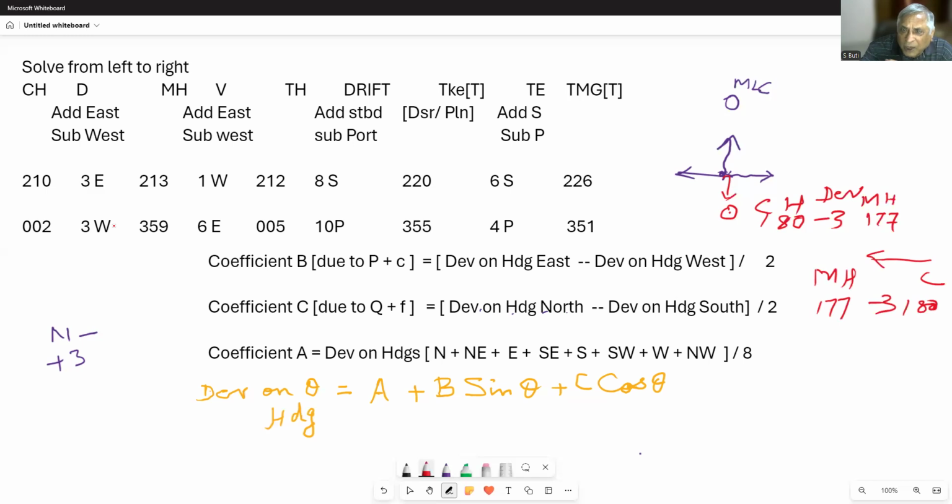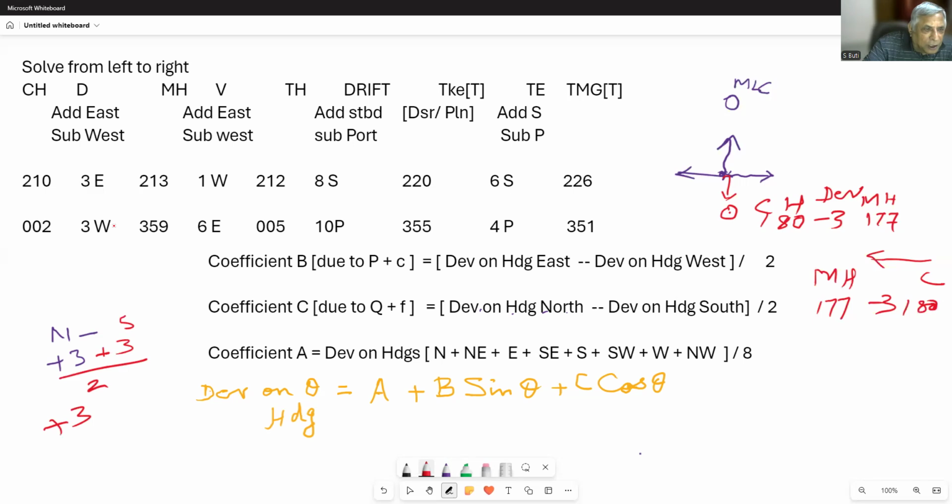Don't get trapped in solving from left to right or right to left. Solve CDM. In this case I find deviation on heading south is minus 3. So plus 3 minus minus 3 will become plus 6, divided by 2, plus 3 becomes your coefficient C.